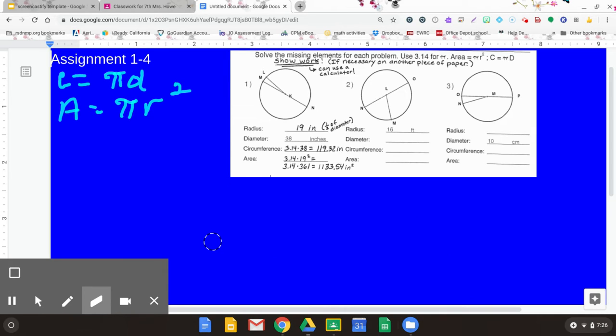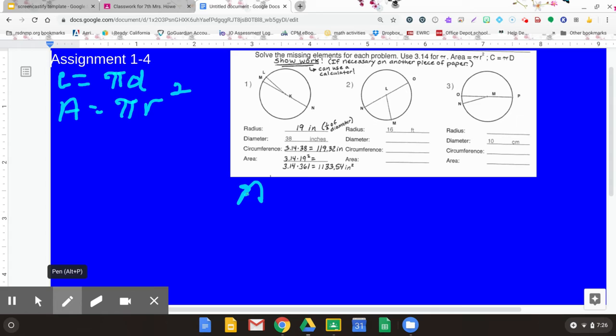Now to find the area of the circle for problem number 1, you are going to start by writing the formula. Area equals pi times the radius squared.